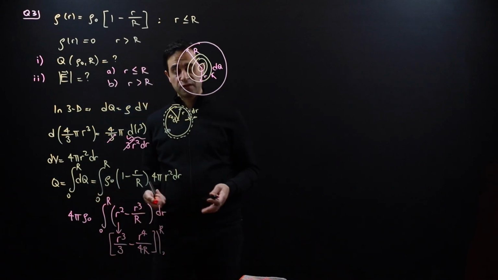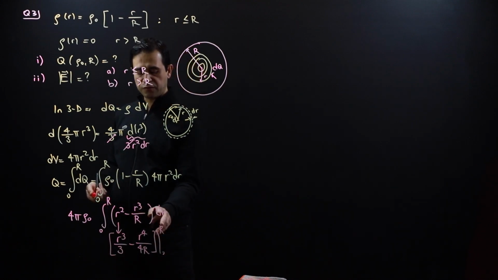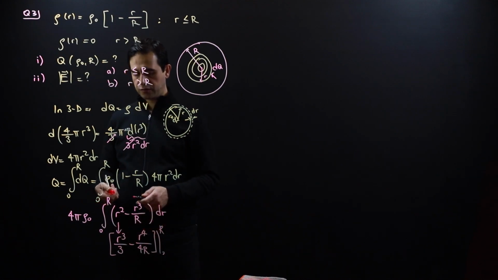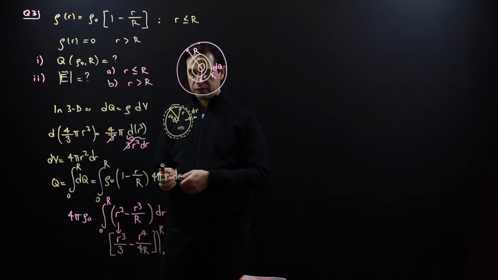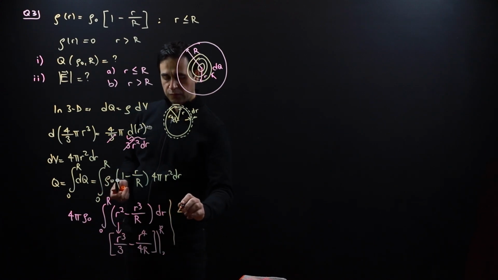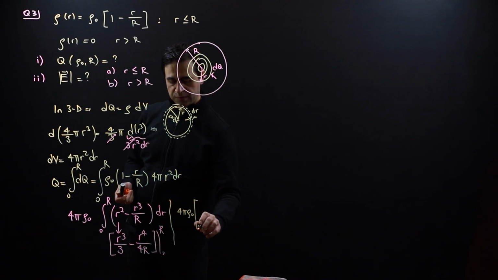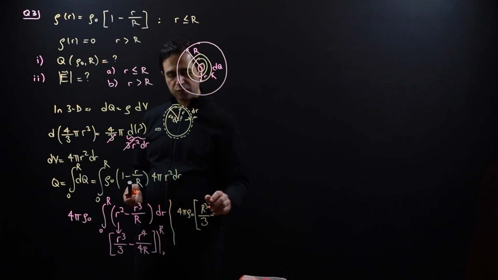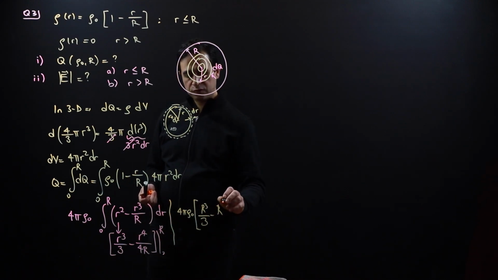Since 0 gives us nothing, it's enough to just put capital R in here instead of r cubed and r to the 4. The whole thing will look like the following. So it's 4 pi times rho 0 multiplied by the first term, which gives me R cubed divided by 3, and the second term gives me R to the 4 divided by 4R.